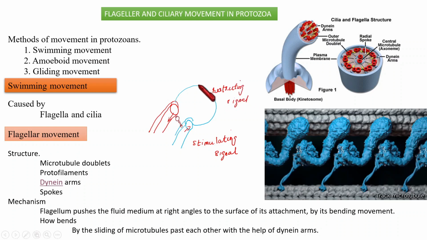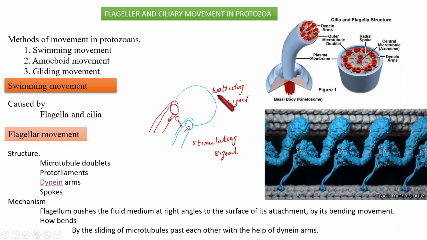That means the microtubule duplexes on this side cannot move; their sliding is restricted, and because of that restriction, as a whole, the flagellum will bend. After that, the signal alternates: the other side gets the restricting signal, while this side gets the stimulating signal.